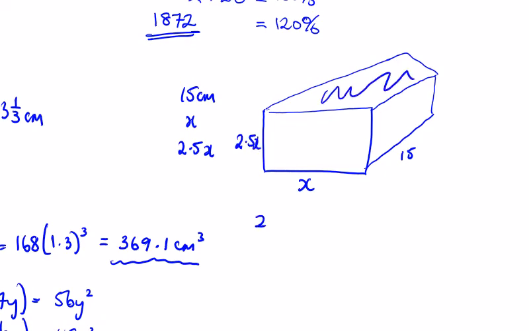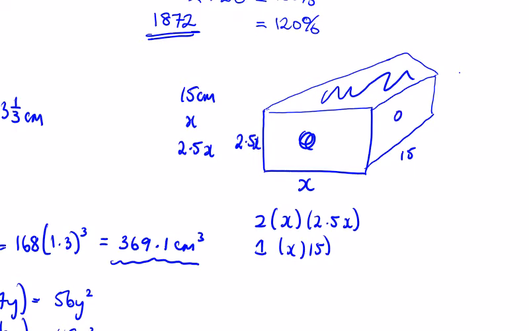So when we're getting the surface area, we have twice x by 2.5x, definitely, because we have a front and a back. The side we've only got one of is the bottom, so that's x by 15.